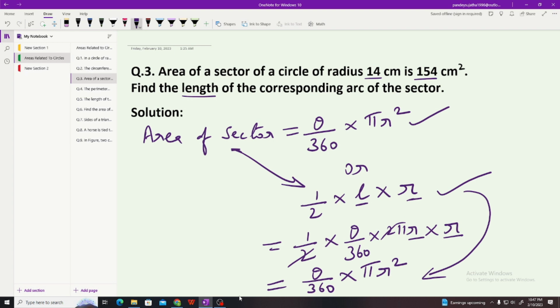Just here length is being used, so area of sector is half into L into R. So as in this question length of the corresponding arc of the sector is being asked, instead of using this formula, we'll be using half into L into R to make your calculation easy. Let's move.